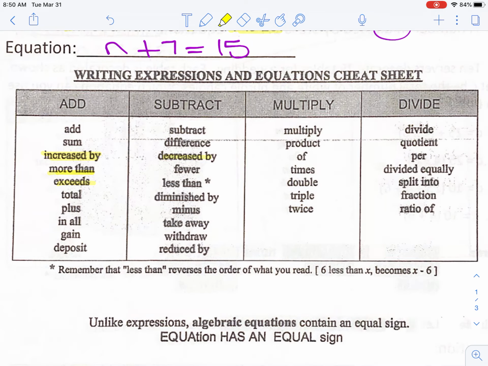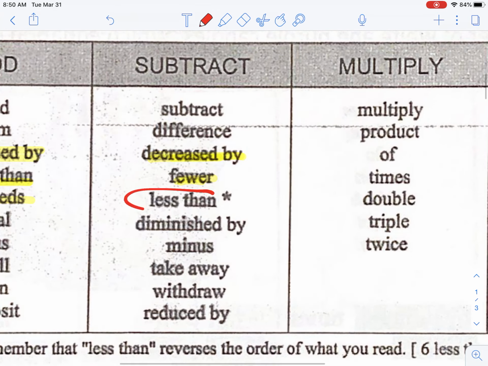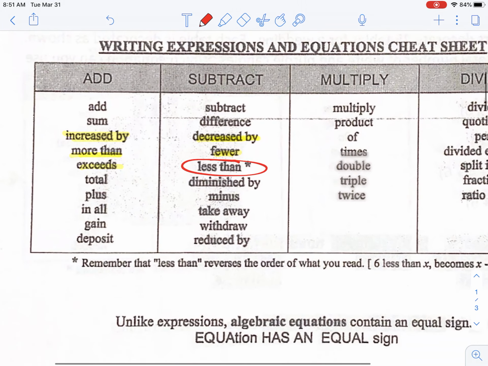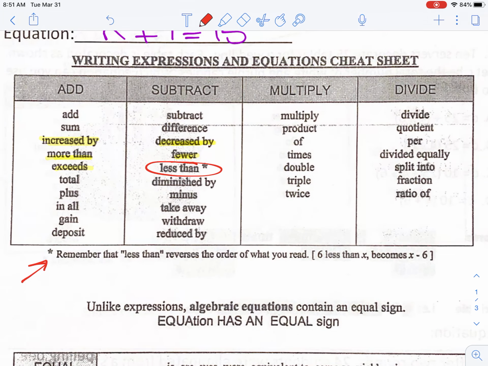Subtraction, difference, decreased by, or fewer are all ones that say that we're going to be using subtraction. I'm going to circle this word less than, and it has a little asterisk there. Down here it has one as well to tell you that when we use less than, it reverses the order of what you read.